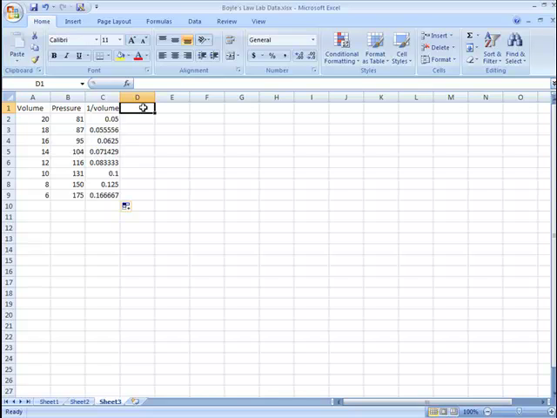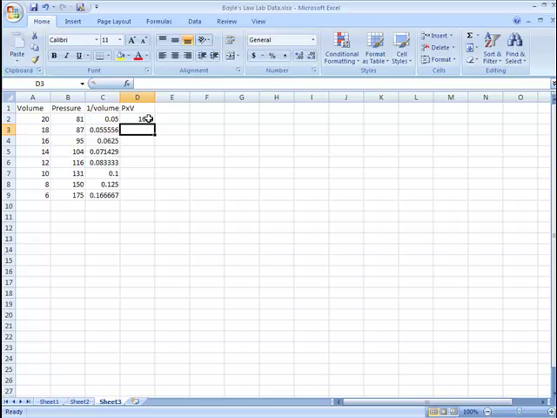The next one is pressure times volume. So which one is the pressure? Which column here? A, B, C, or D? B. So I do equals B, and then you do a star, which is Shift 8, and then volume, and then hit Enter. And it calculates that value for you, which agrees with what these guys calculated.